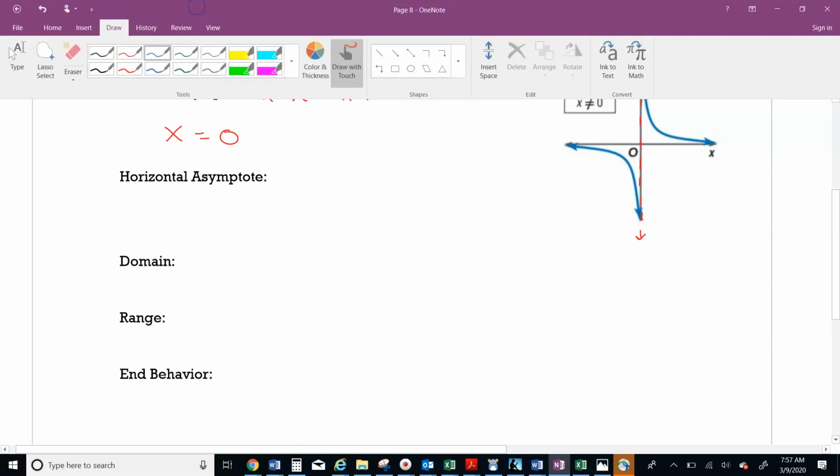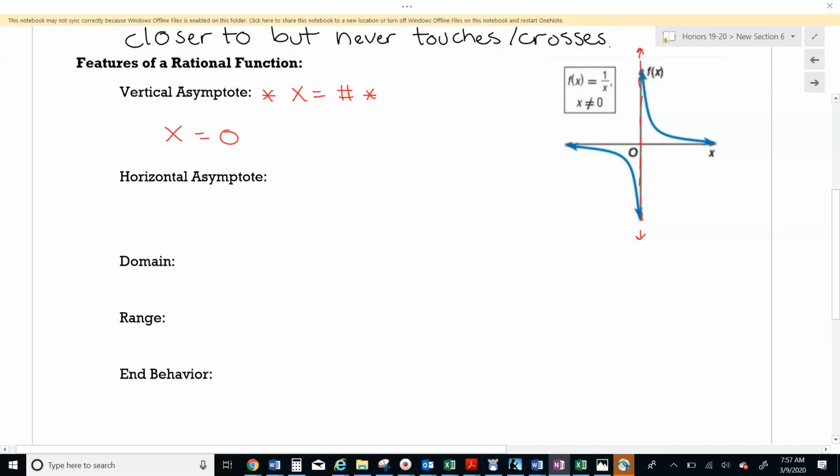Then for my horizontal asymptote, same thing, right? Our blue graph is never going to actually cross that line right there. Horizontal asymptotes are always y equals a number.